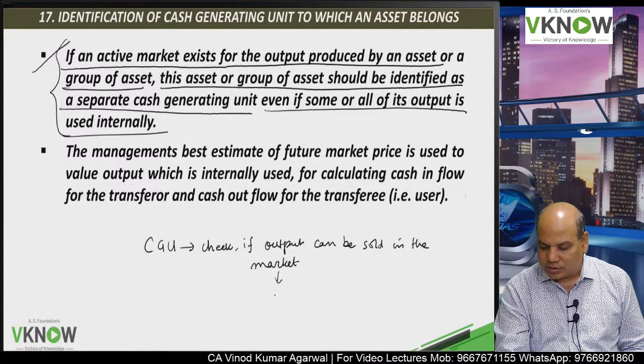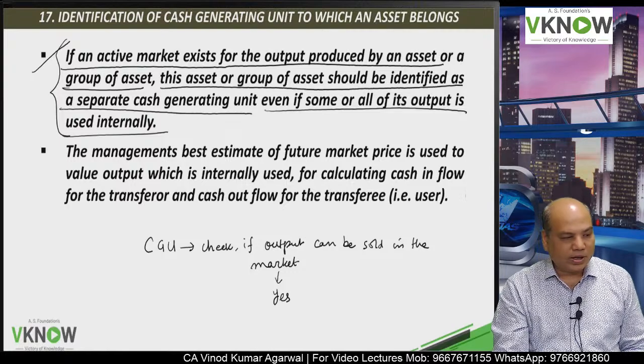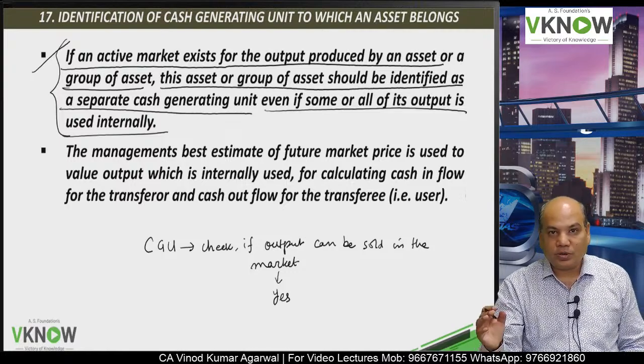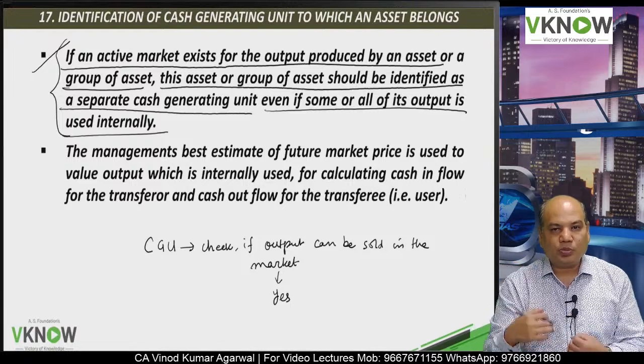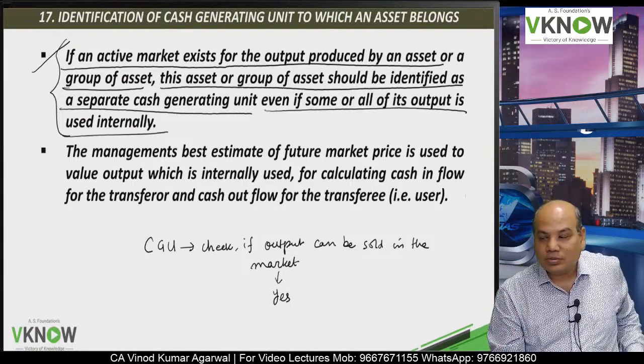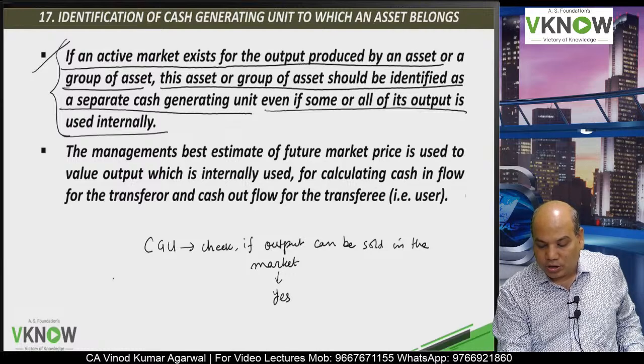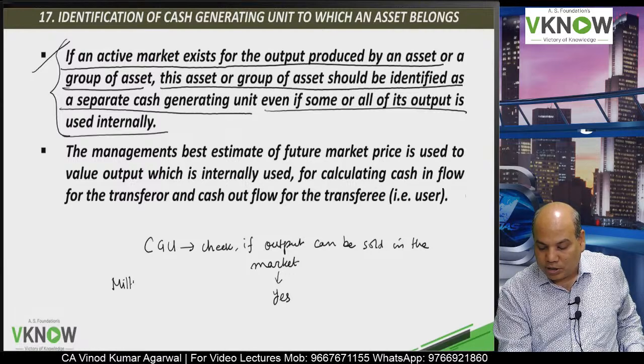If the answer is yes, it will be a cash generating unit, even though sometimes some of the output may be used internally. So a company may have one milk department, one sweets department.